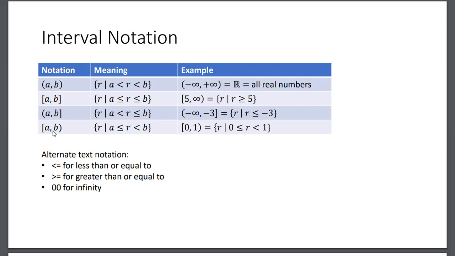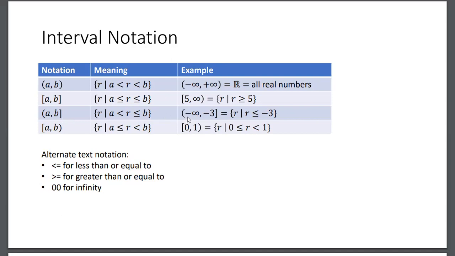There are 4 cases here: open, open; closed, closed; open, closed; and closed, open. Taking this one here as an example, the meaning of this is the set of all real numbers r, the vertical bar means such that, r is strictly greater than a, that's why there's a parenthesis there, excluding a, and less than or equal to b, the square bracket.